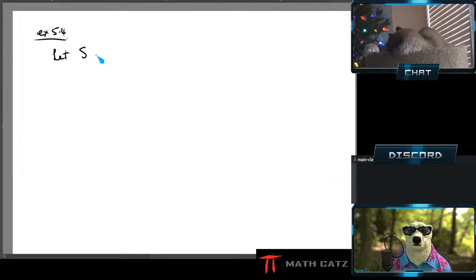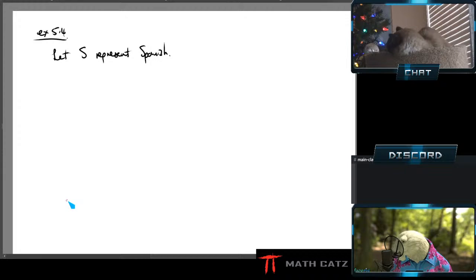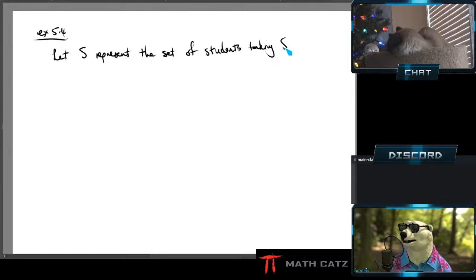Let S represent Spanish. No, S is not a language. S is a collection of students taking Spanish. Collection, set, same word. The set of students taking Spanish.